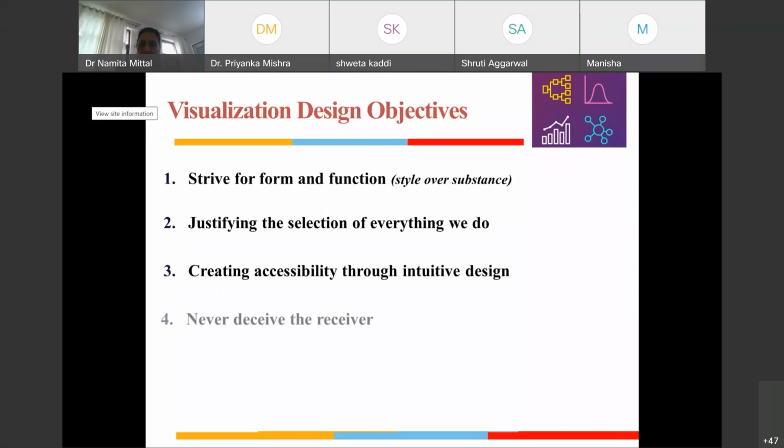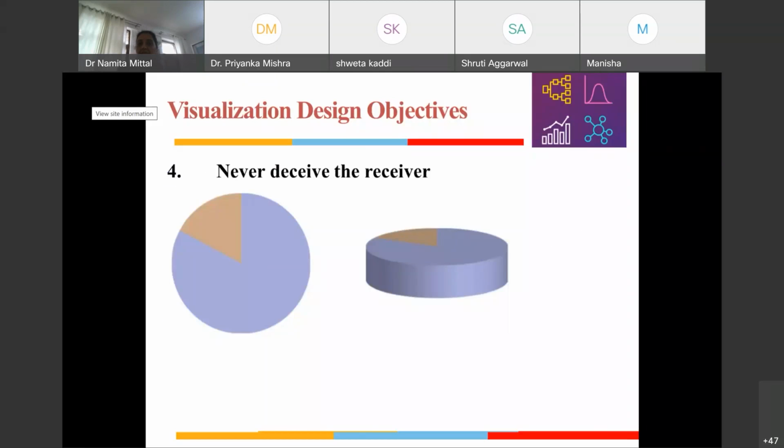The fourth one is very important, we have to be honest every time. We can't deceive the receiver. Receiver is our target audience. So look at these two pie charts. The first one has two slices, and almost 15% is one slice and the remaining is the other slice.